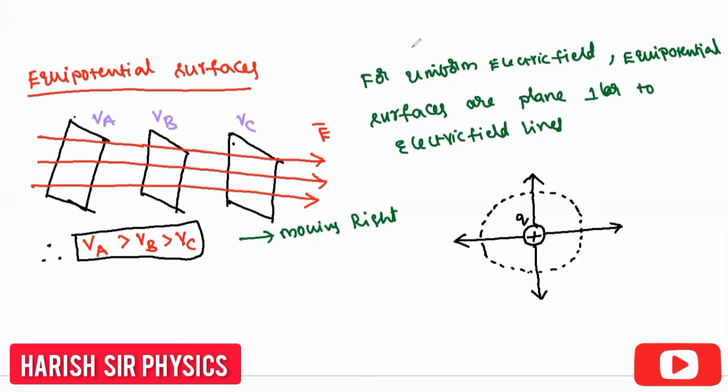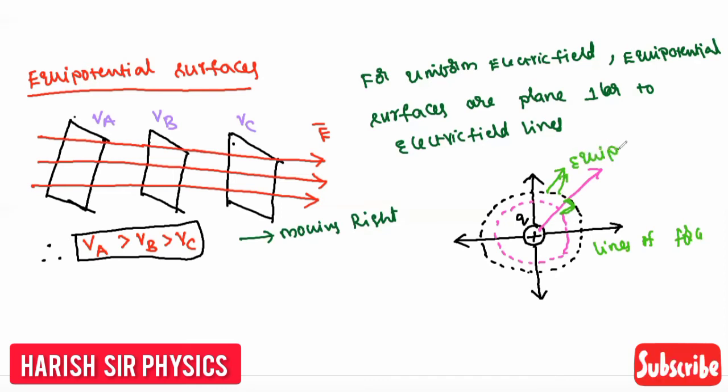The electric field line is perpendicular to the surface. Here, this is the perpendicular. These are the lines of force, and these are the equipotential surfaces.